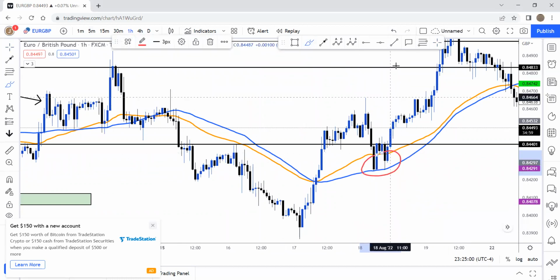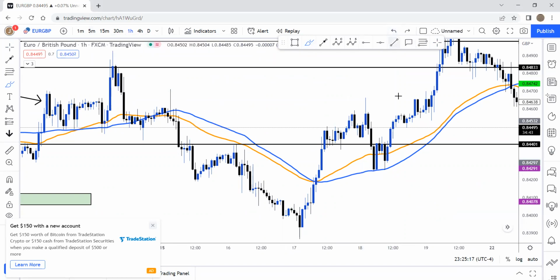But in my experience, just solely going off my opinion, if you want to trade with EMAs or any type of moving average, figure out which one works best for you and your strategy. But in my experience, using the EMA works better than the simple moving average.